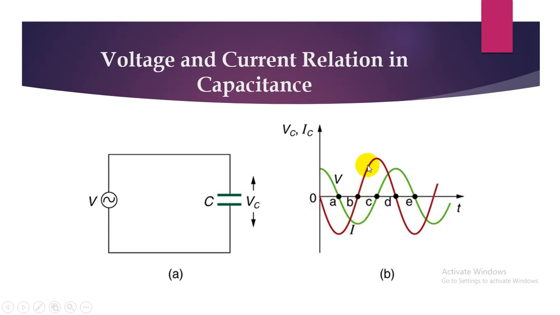The current wave is ahead of the voltage wave, meaning current is entering into the capacitance earlier. Based on the property of capacitance, it does not allow a sudden change in voltage. That's why the voltage waveform comes later after the current. We can say that the current is leading the voltage in capacitors.